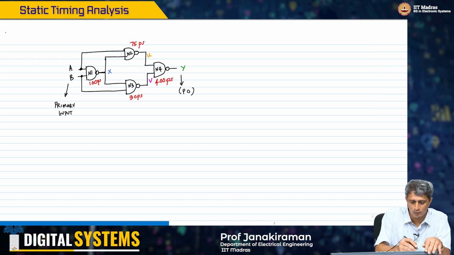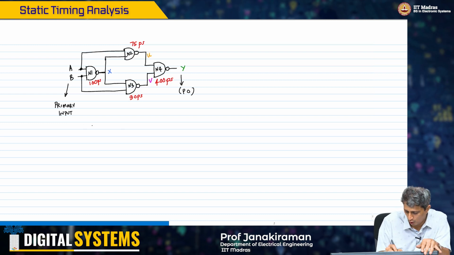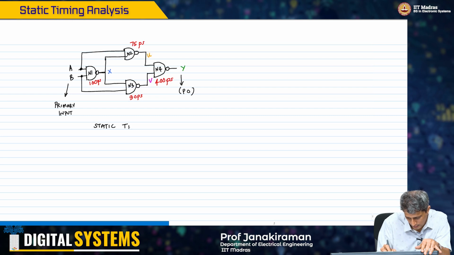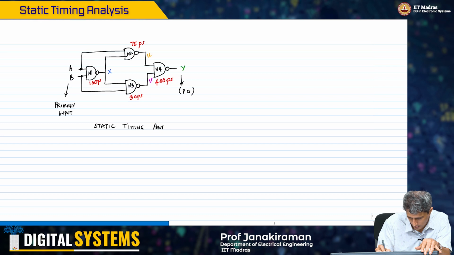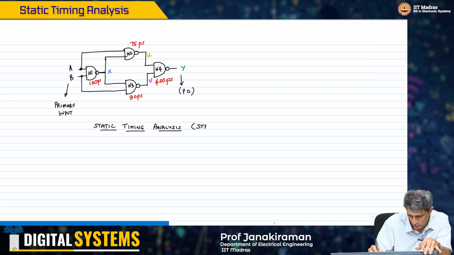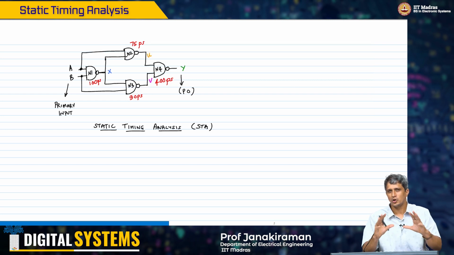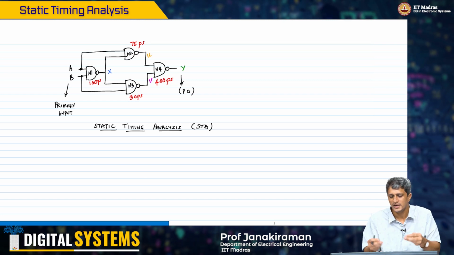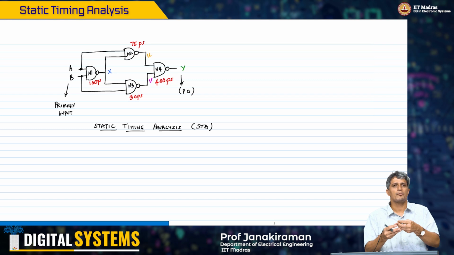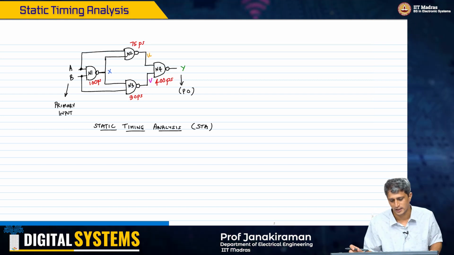This is what we are going to call static timing analysis, STA. We will not worry about the exact definition and meaning; we'll just get an intuitive feel for what happens to the delays in a circuit.